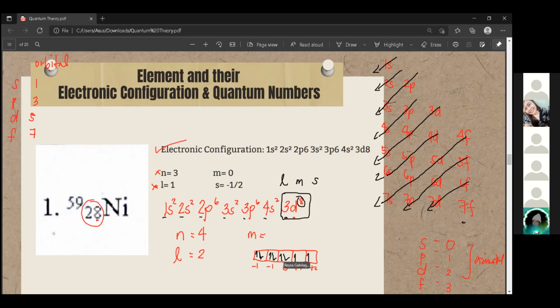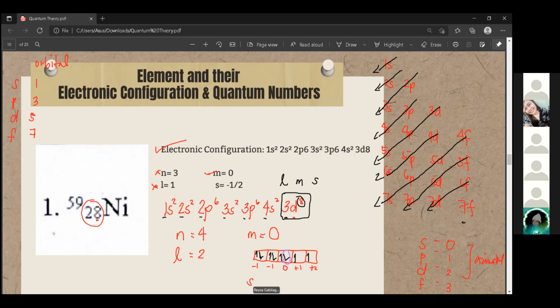So, kung saan ka last naglagay ng electron class, saan ba yung pinaka-last natin? Diba ito? This one is our last electron. Yun yung magiging magnetic quantum number mo. And since nasa 0 siya, the magnetic quantum number is 0. That's how you know. Okay? So, this is correct, has 0.